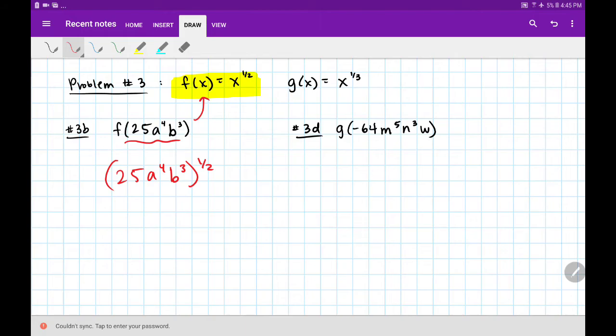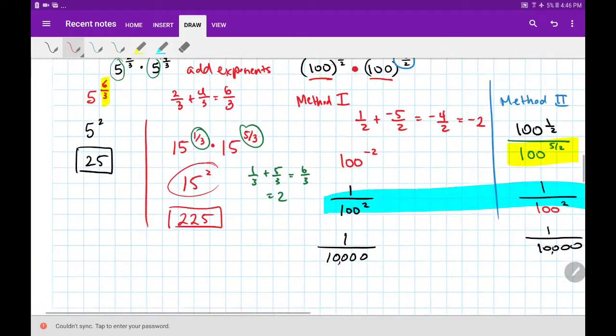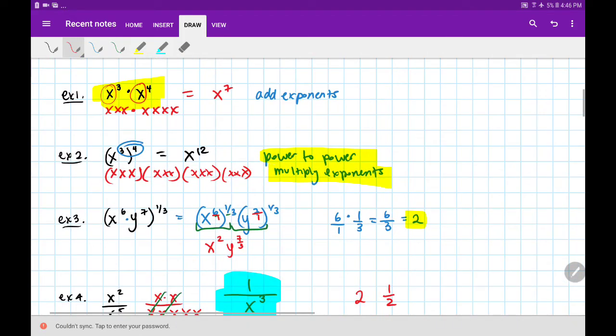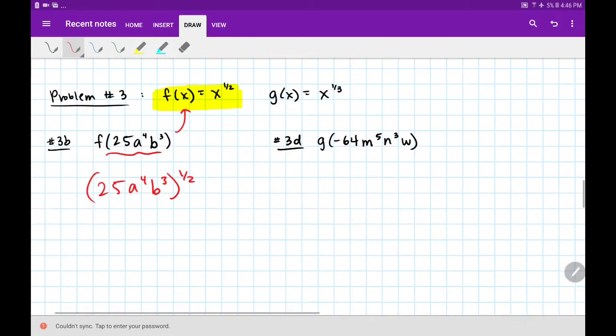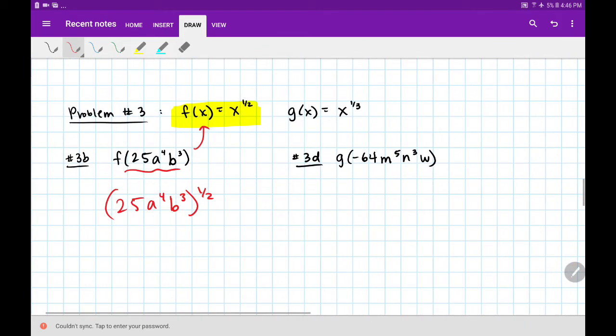Now I want you to stop for a moment and notice how this problem is similar to example 3 from the beginning of our lesson, in that we have multiple factors being taken to the same exponent. And so we're kind of going to distribute that exponent to each piece. So let's look. In this case, I've got the 25, the a to the fourth, and the b cubed. So I'm going to kind of distribute that 1/2 to 3 separate sections.